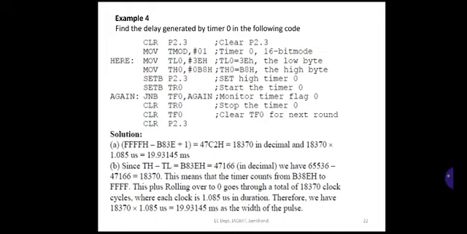Now, to find the delay generated by this timer 0, the solution is given. The highest value using 16 bits is FFFF minus the TH0 and TL0 value, that is B83E, plus 1, because from FFFF to 0000 one more count is required. This is the hexadecimal method.